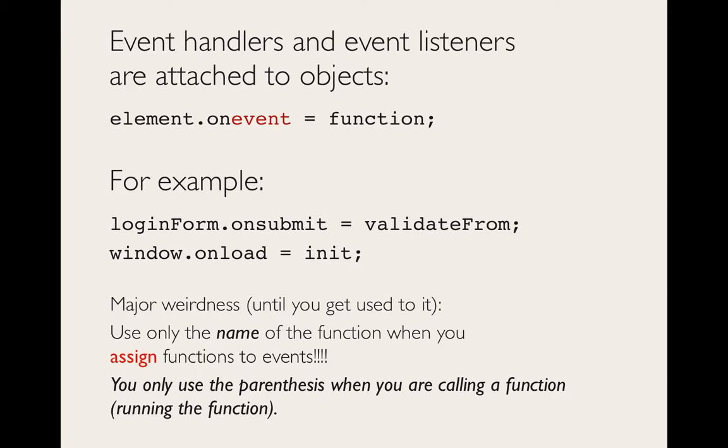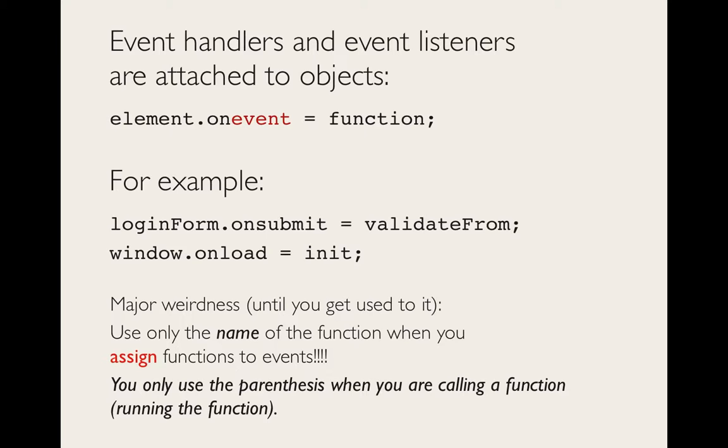Event handlers and event listeners are attached to objects. You're saying, well, what's the difference? Hold on, it'll make more sense in a little bit. We have here an element, and we're adding an event, and we're saying equals function. We're attaching an event to an object and saying, if this happens to this object, do this function.